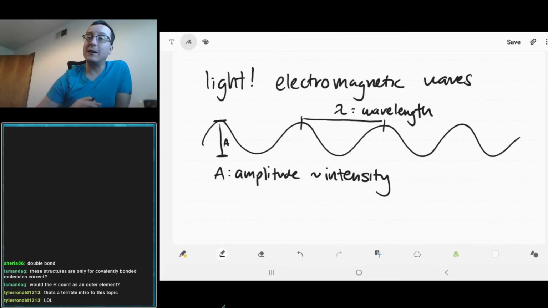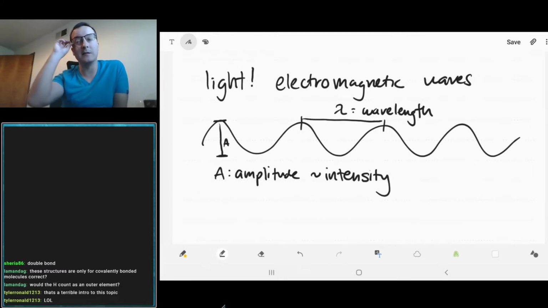Sound is also a wave, but it's a pressure wave. It doesn't have the magnetic or electric components. Amplitude is how loud your noise is. Amplitude is all about intensity. So how intense the light is, how intense the sound is, whatever your light thing that you're looking at is.